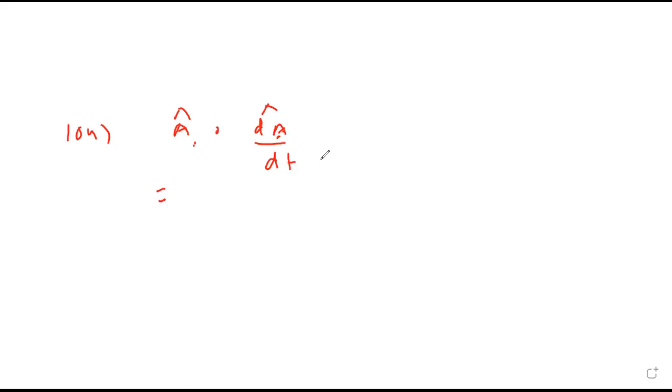Change in unit vector, no? Change in unit vector, but in the same direction. Same direction. So this is A bar, change in unit vector.